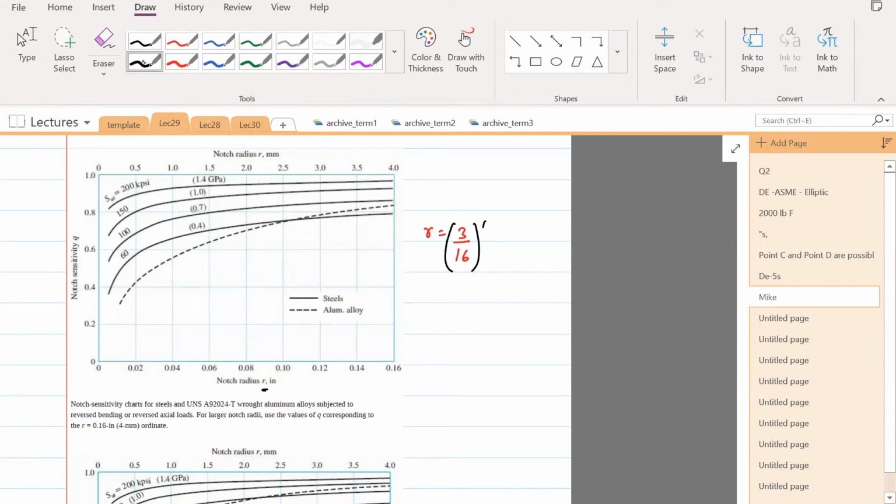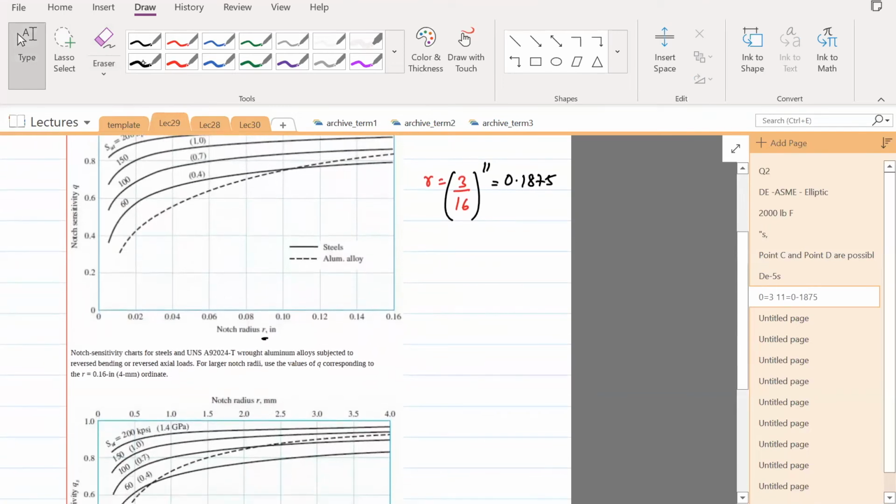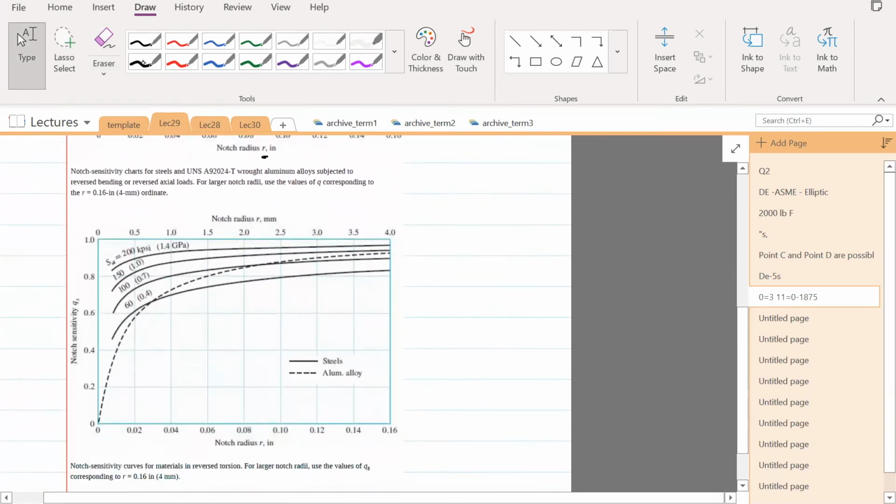So 3/16 of an inch is 0.1875. Is it off the charts? Huh. It only goes to 0.16.